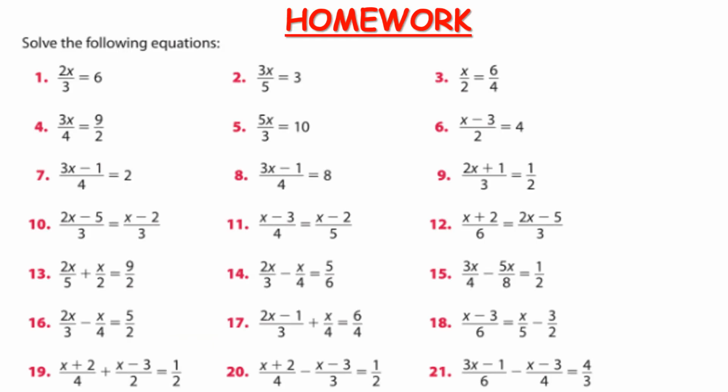So I want you to try some of these now. I've given 21 questions. I don't want anyone panicking now as you see them. What I would say is I want at least a minimum of 12 done, which should be doable because the first few are very, very quick. But the other ones are there if you want to keep going and to extend yourself. Okay, so minimum 12.